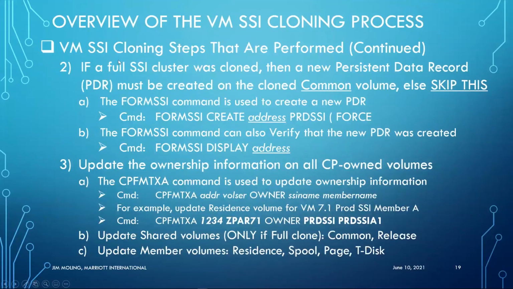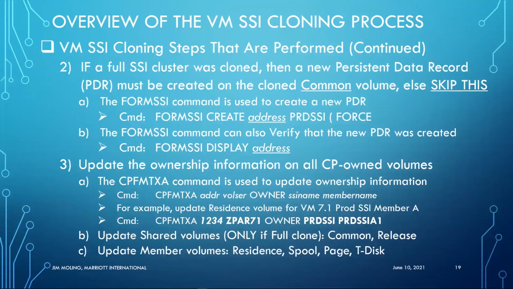Now, if you're doing a full SSI cluster, after you've copied all the volumes, remember I just mentioned this persistent data record, the PDR. On the new clone common volume that you just created, you've got to create a new PDR, because guess what? It's reflecting the SSI cluster you just cloned from.